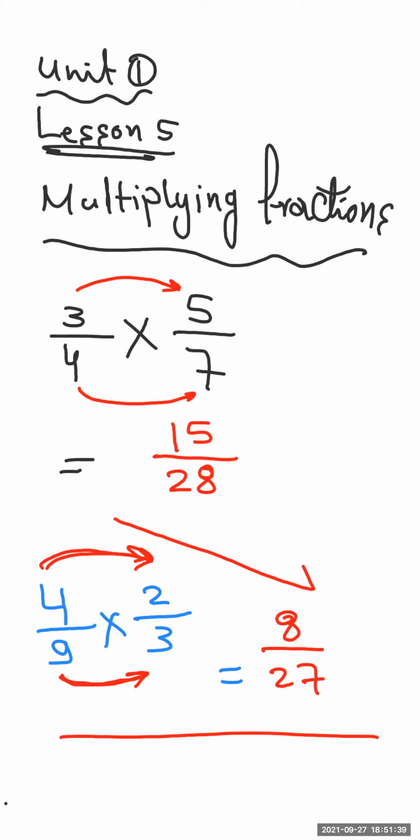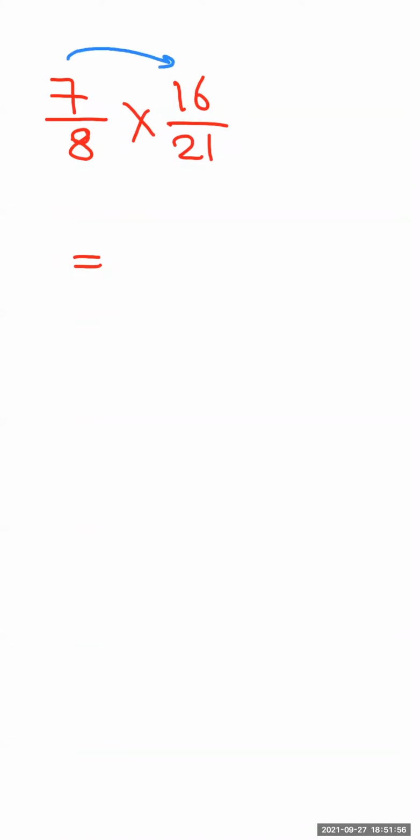Okay, so if the numbers are like that, guys, if I want to multiply it by 16 over 21, we just agreed that we will multiply the numerators and the denominators. Okay, but here, first, before multiplication, I have to check if I can simplify numerators and denominators or not.